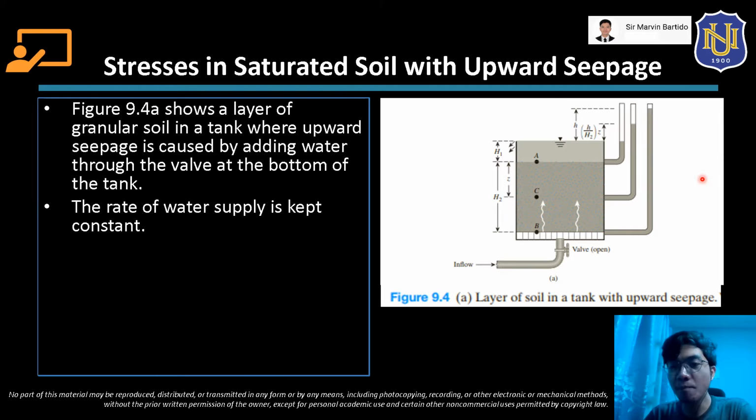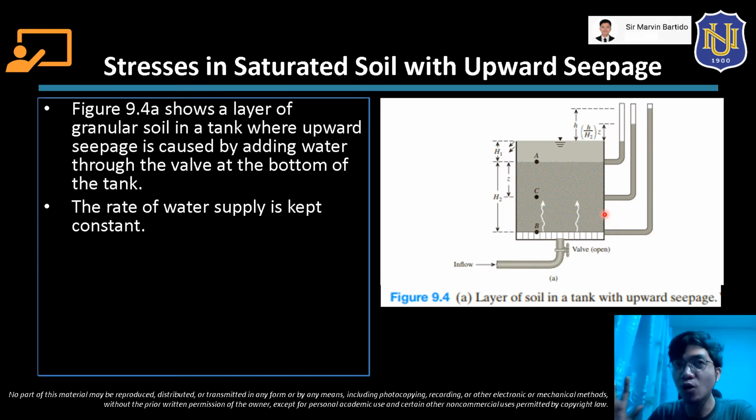No? So, class, kapag nag-attach tayo ng mga piezometer, kung maalala mo, dun sa stresses in saturated soil without seepage, di ba, kapag naglagay tayo ng piezometer, yung pagtaas ng tubig dun sa mga piezometer natin, same level lang siya dun sa level ng tubig dito. Tama? But in this case, class, kapag may upward seepage na, kapag naglagay ka ng piezometer dyan, ang mangyayari dun sa tubig dun sa piezometer, tataas siya.